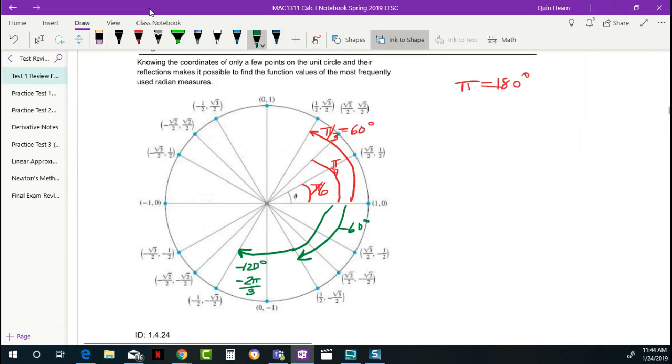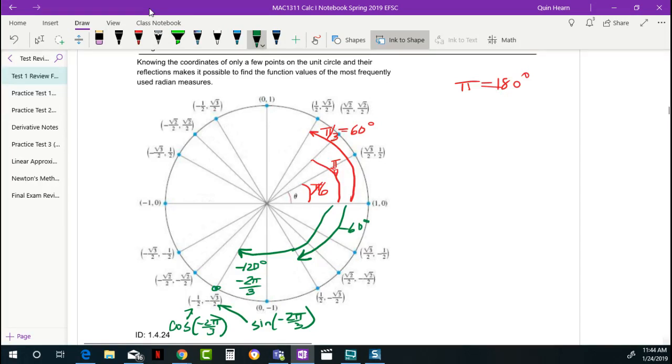All right, so then corresponding to -2 pi over 3, we have an x value that is the cosine of -2 pi over 3, and we have a y value that is the sine of -2 pi over 3. So how can that help us to find the secant of -2 pi over 3?